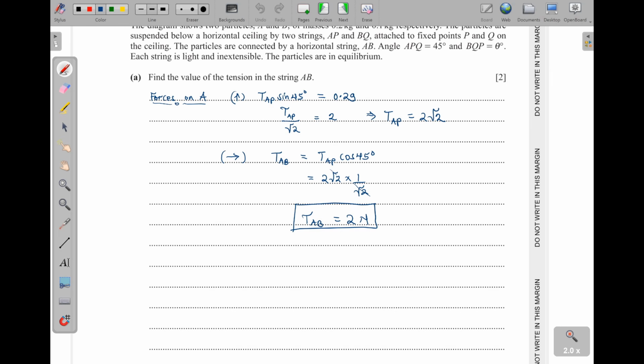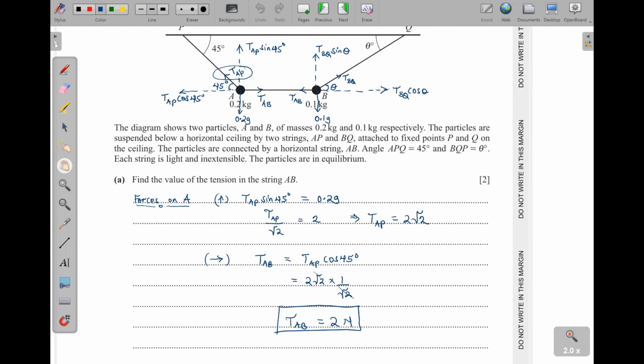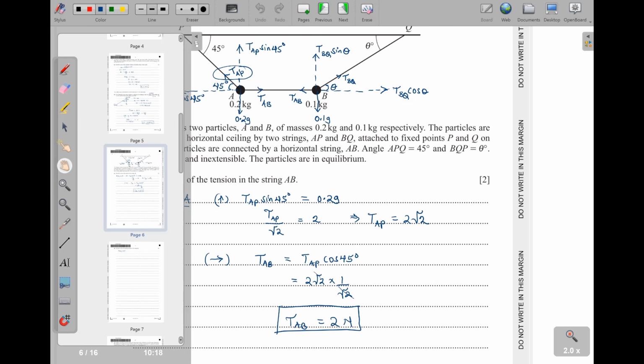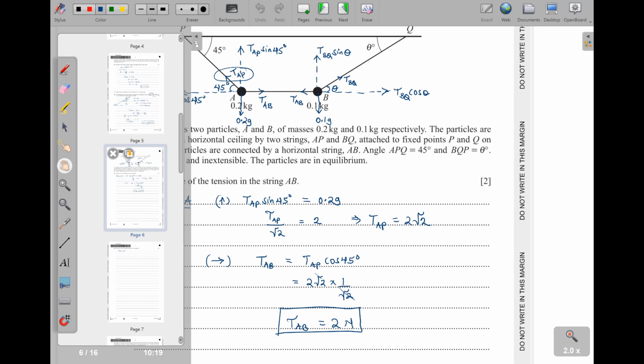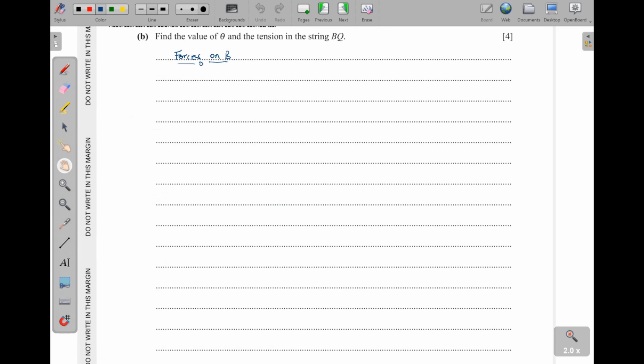Right from here, we can see that up here we have TBQ sine theta, and then down is 0.1 G. So upwards, vertically, I will write TBQ sine of theta, which is equal to 0.1 G. So if I can simplify this one, we can have TBQ sine of theta, which is equal to 1, right? Then I can keep this one as my equation 1.